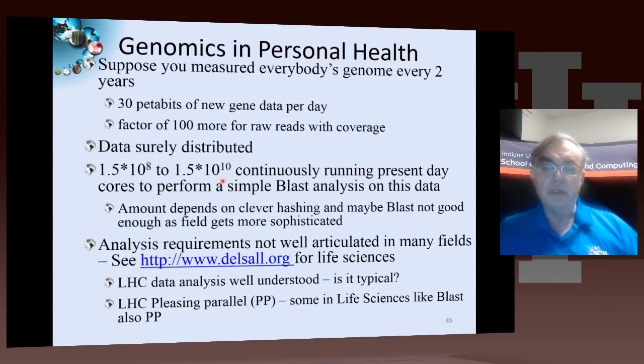Just taking all this data and running simple BLAST analyses, it's a little unclear exactly how much it takes, but it's up to a billion cores that might be needed. Actually, the estimate is 15 billion cores might be needed to actually run BLAST on this data. So that's quite a lot.